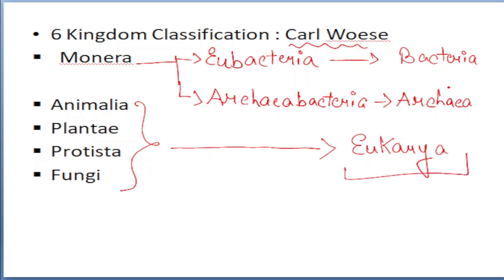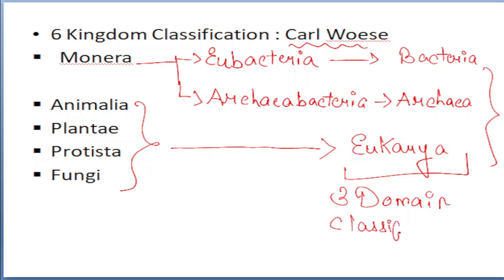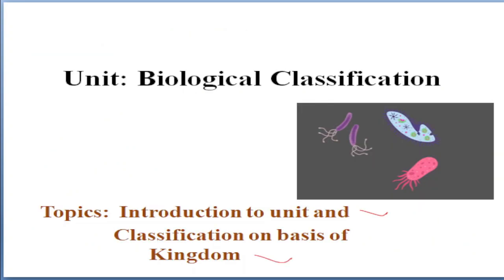So this complete system is called three domain classification, and the criteria which he used was on the basis of 16S rRNA. So this was about the complete biological classification.